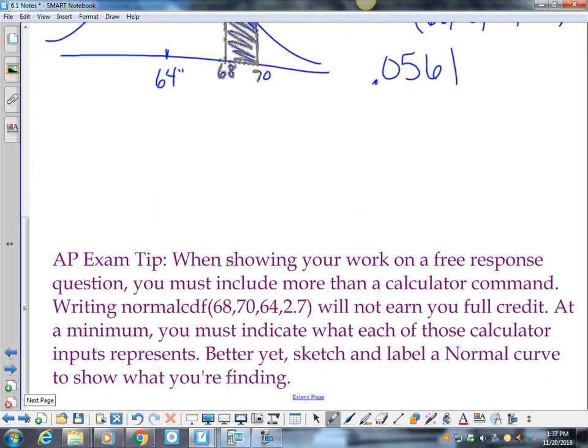Look at this little nugget of information. When showing your work on an FRQ, you must include more than a calculator command. Writing normal CDF and all your information will not earn you full credit. At a minimum, you must indicate what each of these calculator inputs represents. Better yet, sketch and label a normal curve.